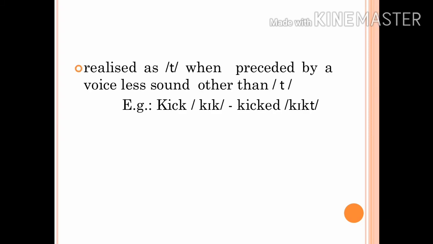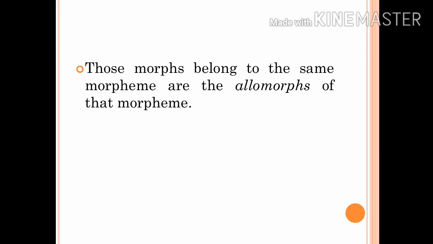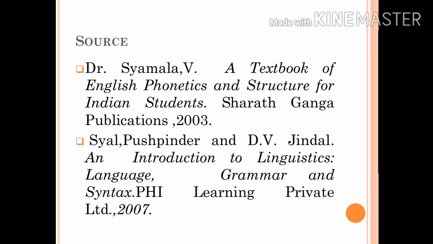The past tense morpheme is realized as t when preceded by a voiceless sound other than t. Those morphs belong to the same morpheme are the allomorphs of that morpheme. Thus, t, d and id are the allomorphs of the past tense morpheme ed. So, that's about morphemes.